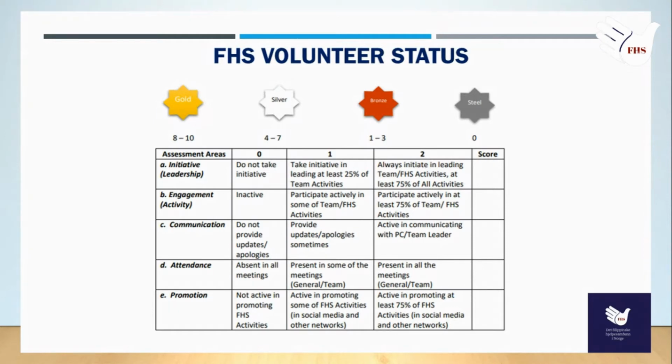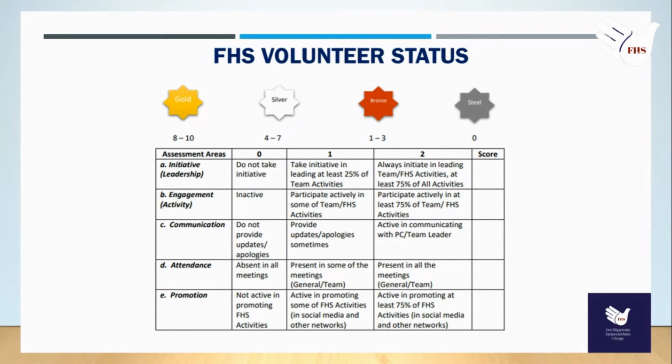And if you are not taking initiative, or you are taking the lead but very, very seldom, then you will get a score of 0. If you want to improve your leadership skills, we are to provide it to you as a volunteer. That is why we have this assessment area, for us also to know your weak points so that we can help you improve it.